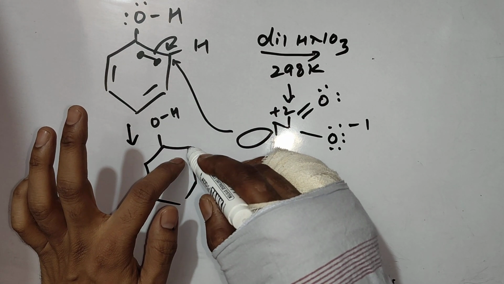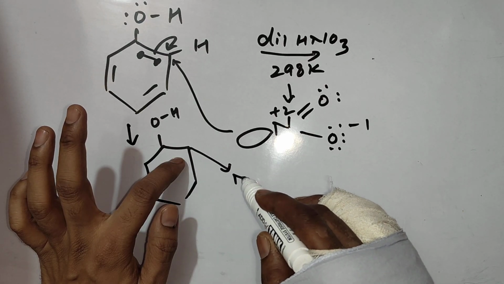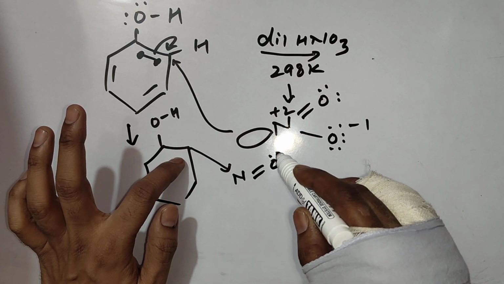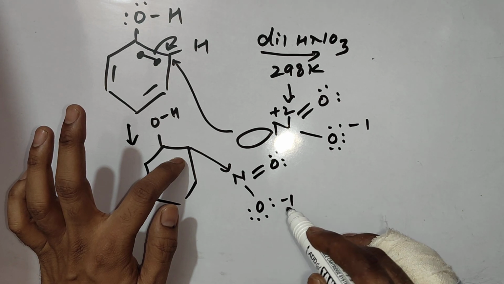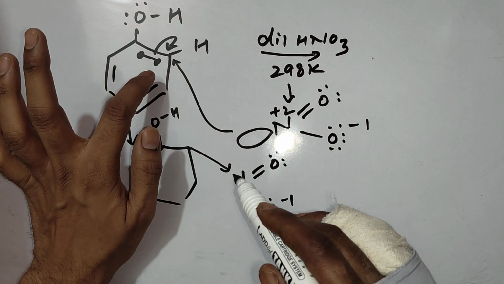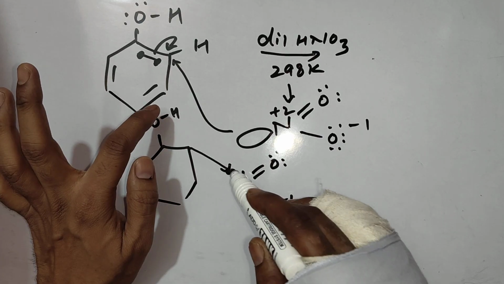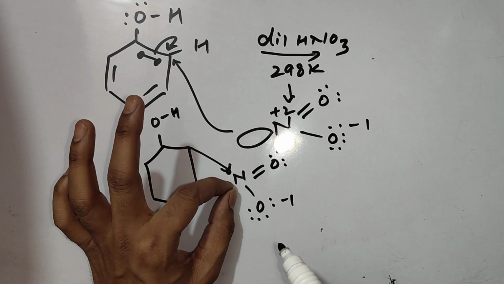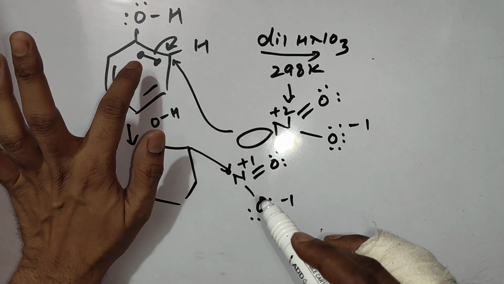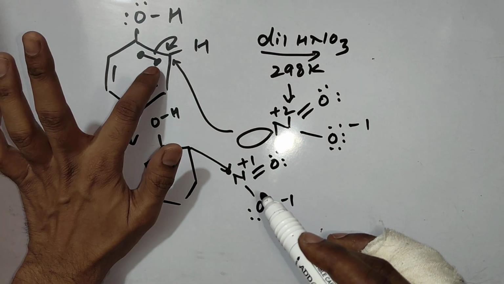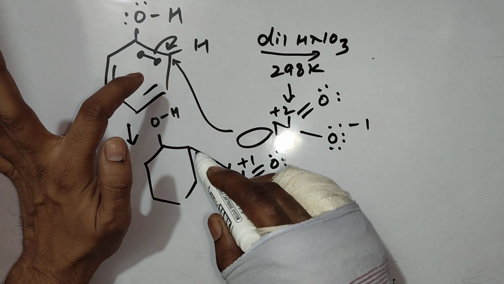Between this carbon and this nitrogen, a dative bond will generate. During formation of the dative bond, one electron will be completely transferred toward nitrogen. So its +2 charge will become +1. This electron, this one. And this electron, this carbon will keep with itself.